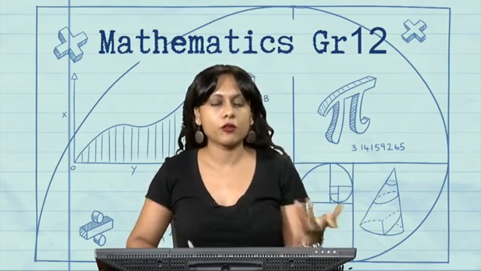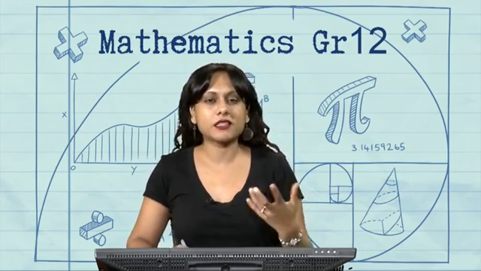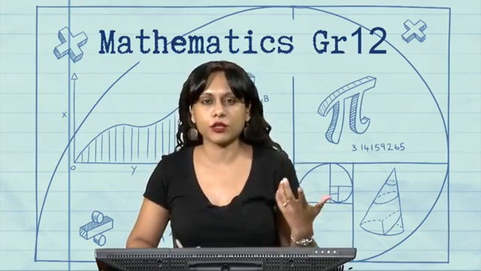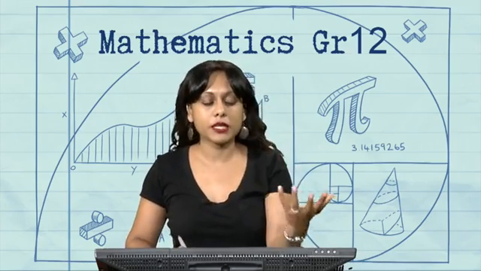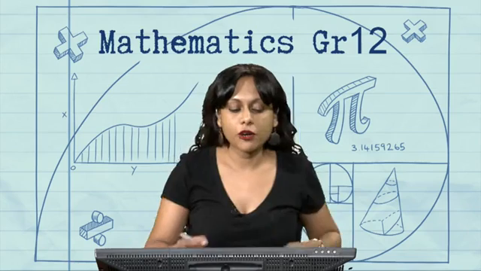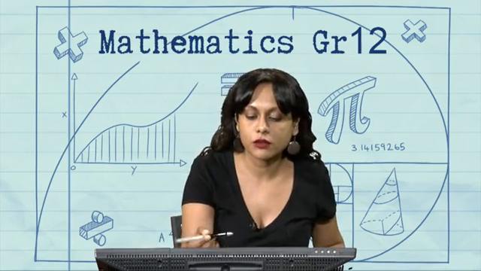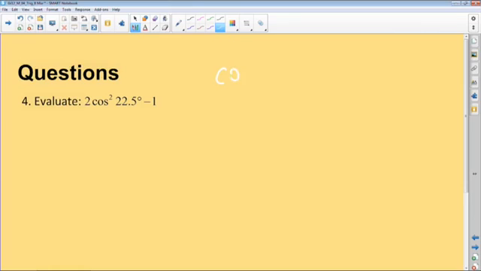Okay, so we know that for the cos double angle identity, there were three different ones that we could have chosen from. We have been given the expansion of cos 2 alpha, cos of 2 times an angle, is equal to 2 cos squared alpha minus 1. We've been given this right-hand side of the identity.